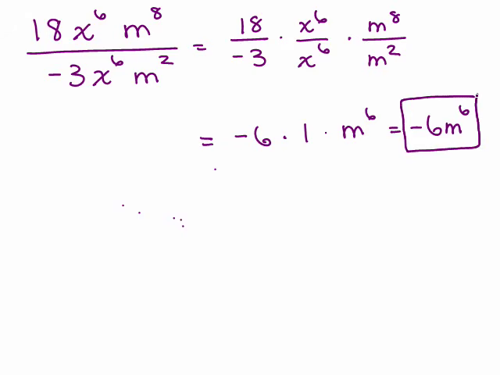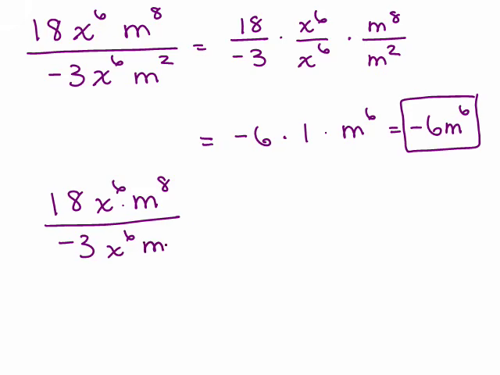Now, you don't need to write all that out. You can go right to it. So in other words, you could go ahead and do your normal canceling here, realizing the answer is going to be negative 6 because it's 18 divided by negative 3.